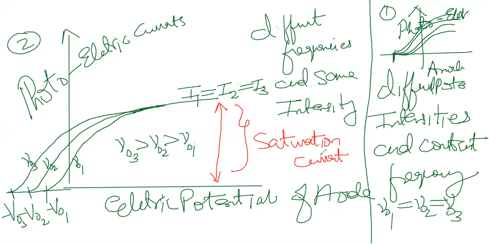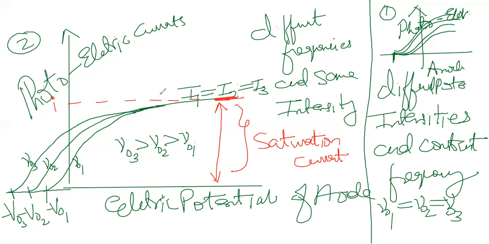What is saturation current? If you keep on plotting, they will all finally reach a value of current. If you plot them on the y-axis like this, they will reach some I S. This is not intensity, so don't get confused. This is not capital I, this is small i. On the y-axis, current is there, and current is represented by small i.